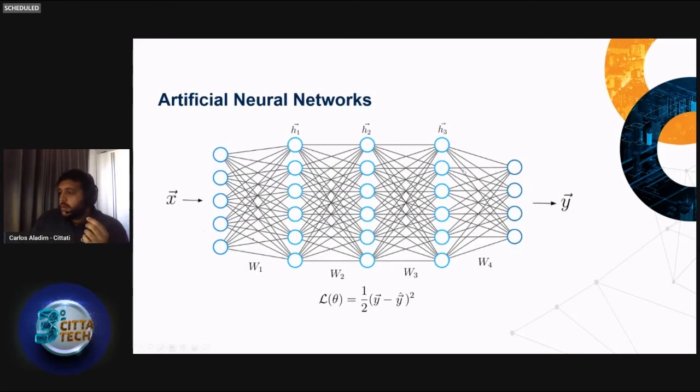So in the end, we have a formula called the loss function, that is the difference between what the network gives us and what we were expecting as an answer. And then we do all this calculation to see how far we are from the correct answer.